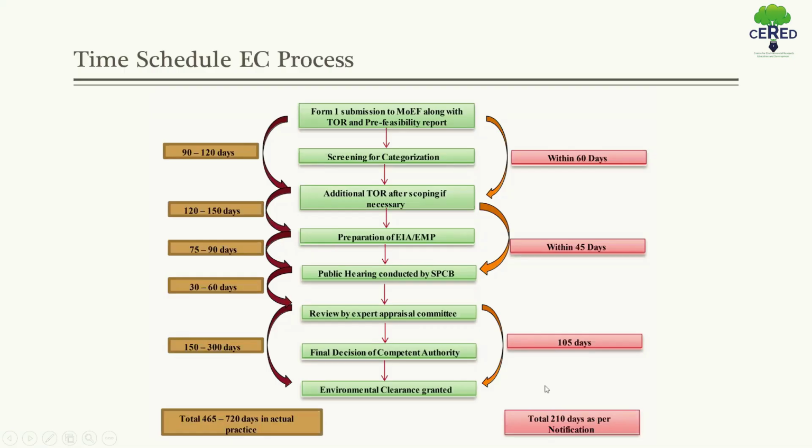So as per notification, a total of 210 days is required for complete EC grant, but in actual practice it takes at least 465 to 720 days, more than a year.